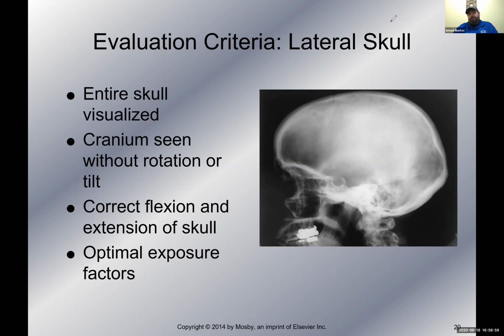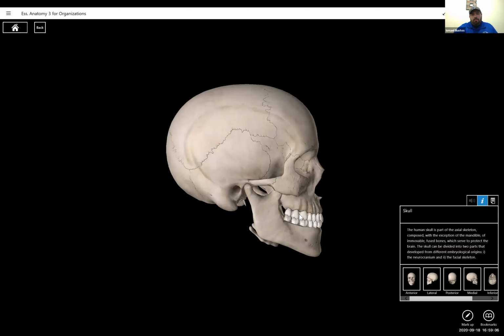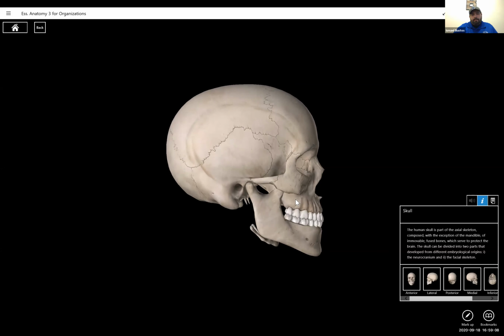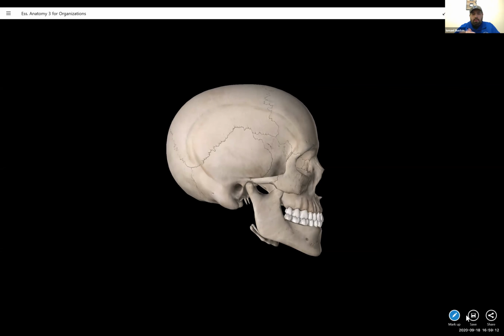All right, that's your lateral. So again, going back to this, here's my EAM. If I saw another EAM on my radiograph up there, that would be what? Tilt.